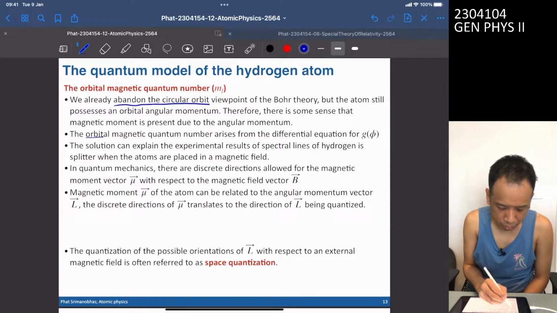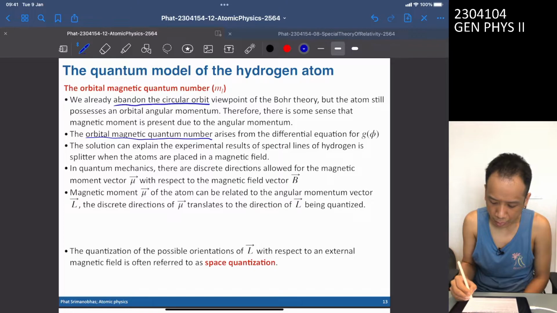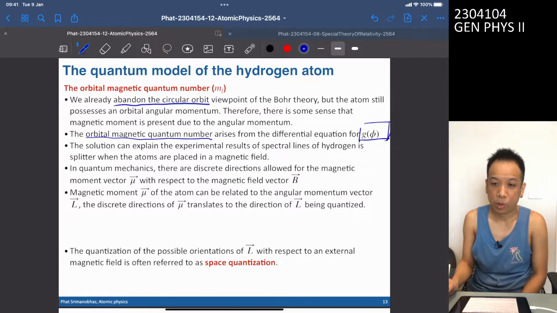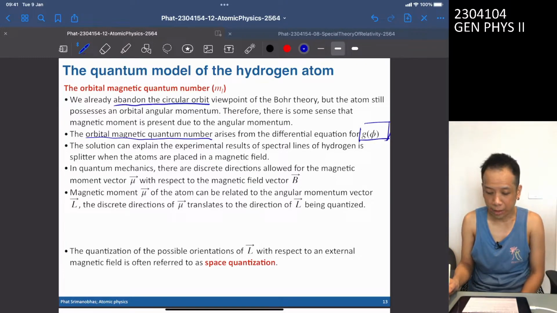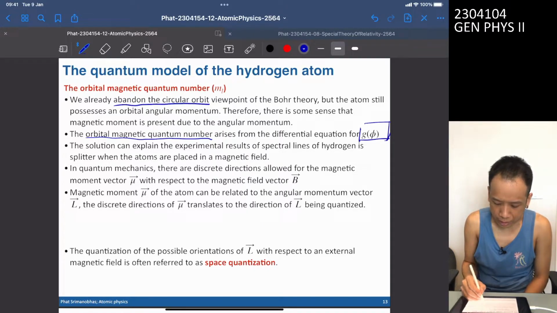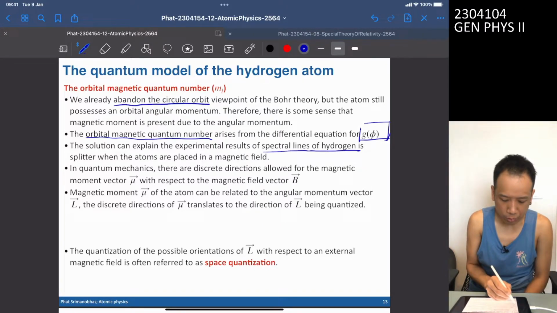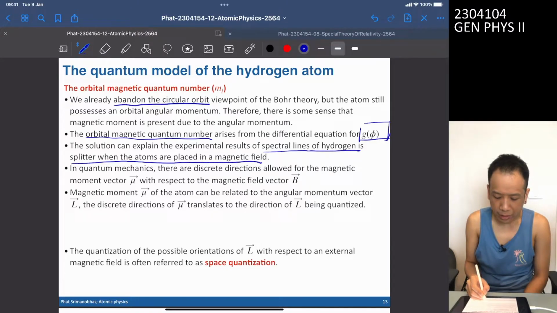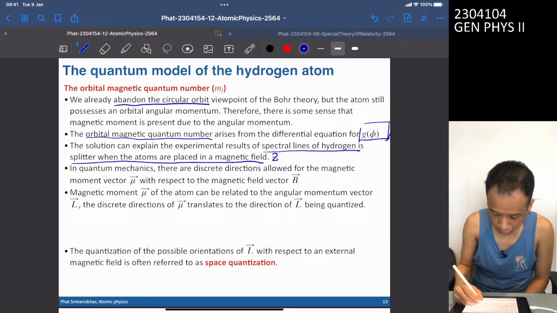This orbital magnetic quantum number arises when you solve the Schrödinger equation in the phi component. The solution can explain the spectral lines of hydrogen when the atoms are placed in a magnetic field, so it can explain the Zeeman effect.